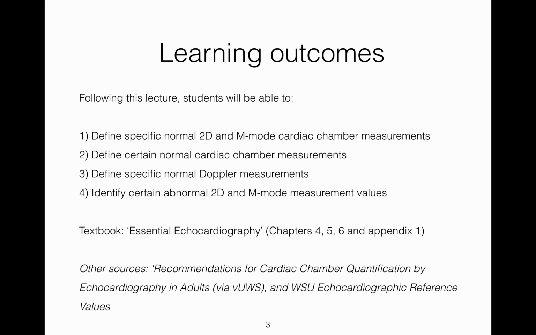Other sources, as per the most recent Practice of Cardiac Sonography lecture, that is lecture 4, this lecture I also recommend that you make reference of and read through the recommendations for cardiac chamber quantification by echocardiography in adults, which is a document available via Views, and also see the Western Sydney University Echocardiographic Reference Values document.